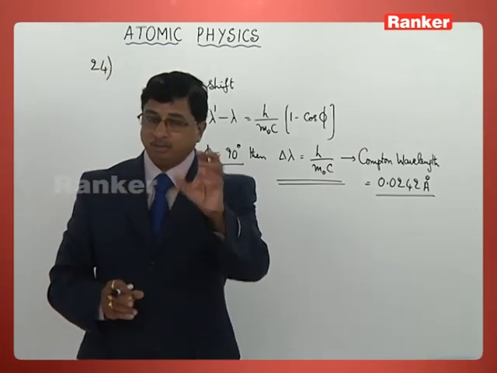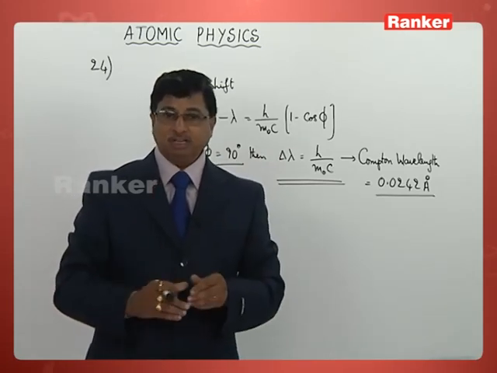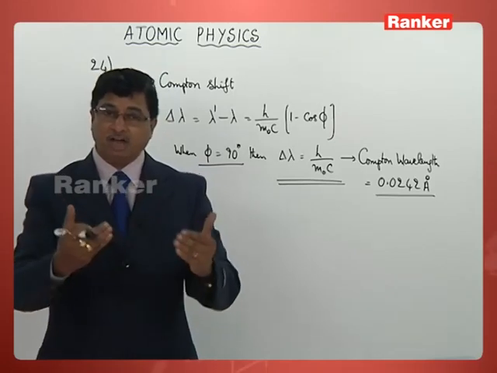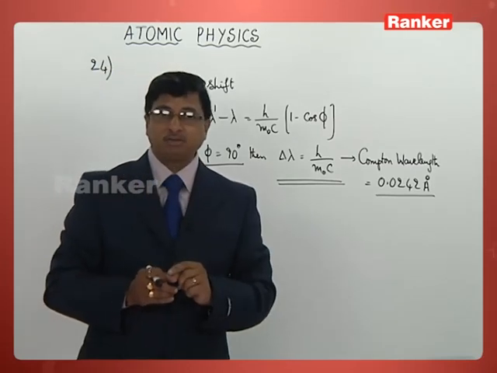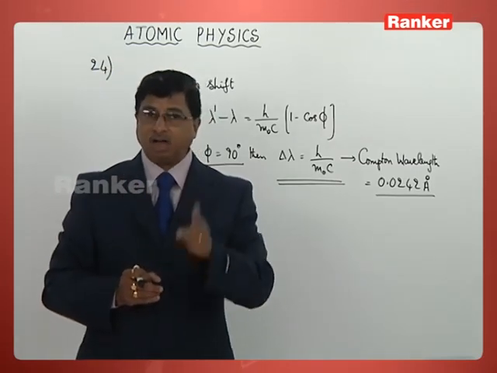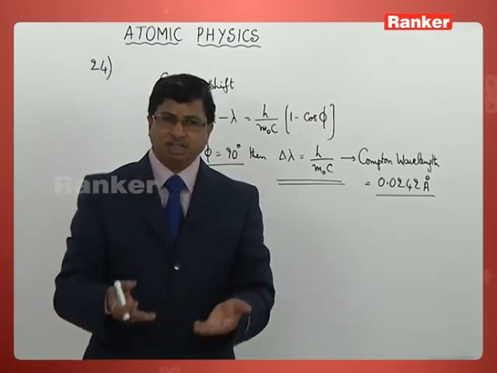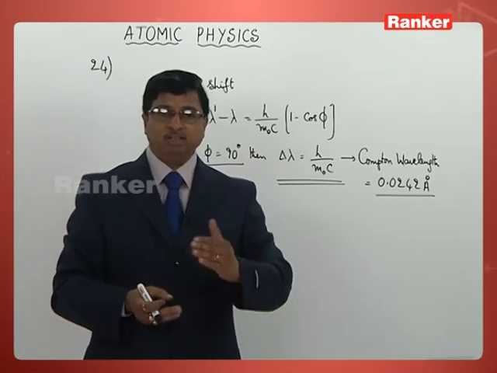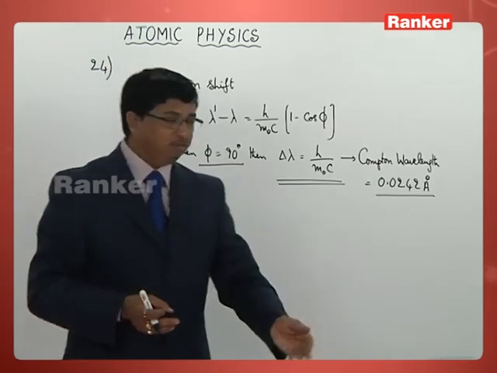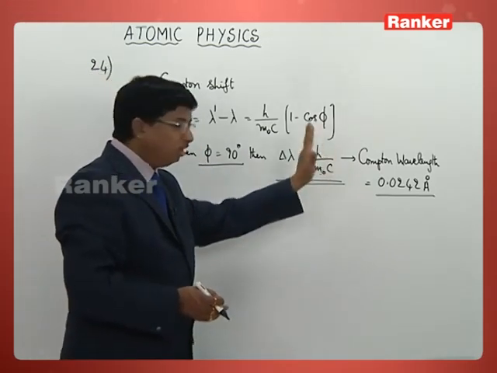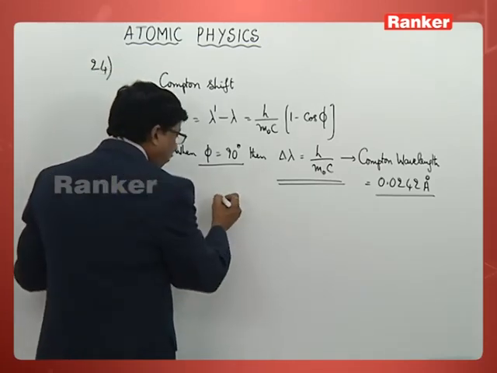What is the scatterer in the first part? It's a carbon block which is scattering the X-rays. In the second case, a zinc block is scattering X-rays. So the Compton shift is independent of the material of the block which is scattering X-rays. When that is the case, what can we conclude? Whether it is a zinc block or a carbon block or some other block, this value is going to be constant. So what is the ratio of the wavelengths over here?